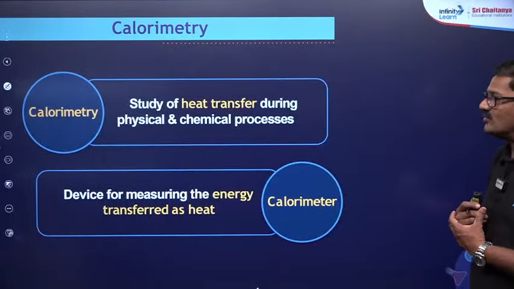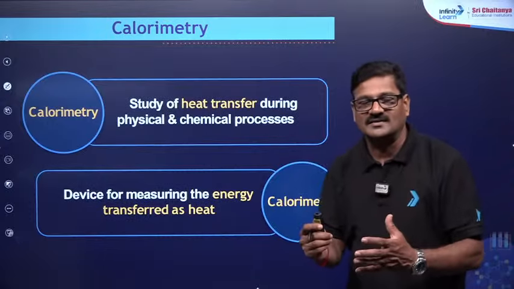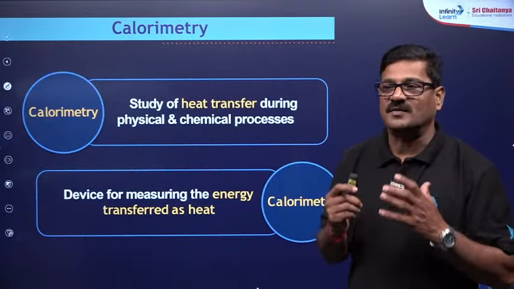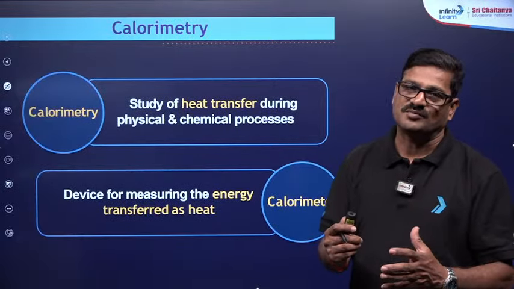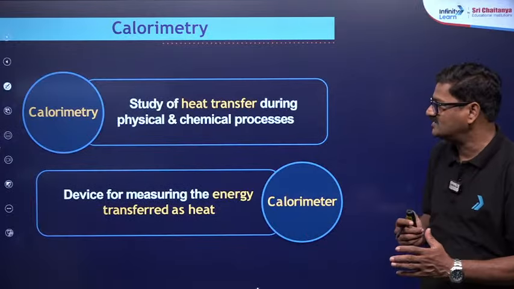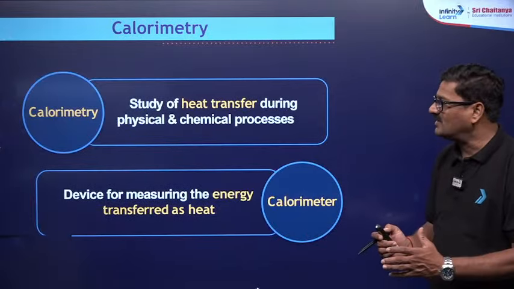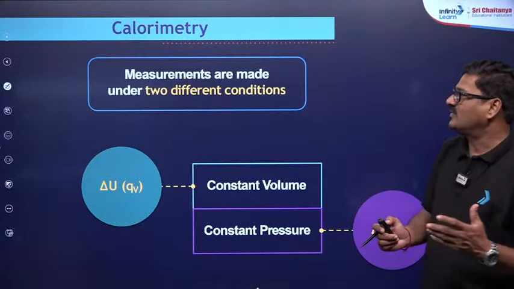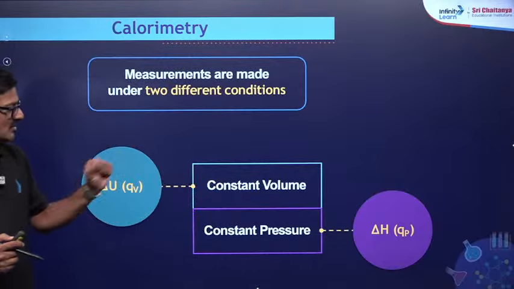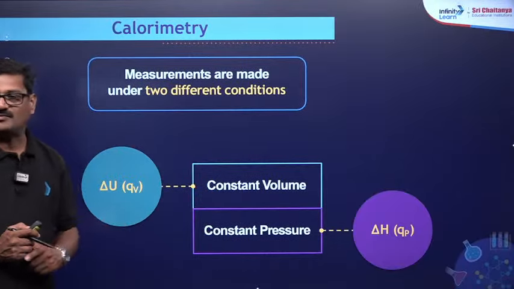And also calorimetry. How do you get the heat of combustion process? Heat of combustion process is determined by using a calorimeter, a device. That device appears like this, and measurements are made in two different conditions. It could be at a constant volume, it could be at a constant pressure.